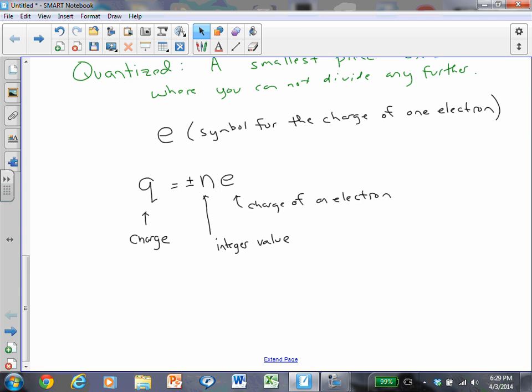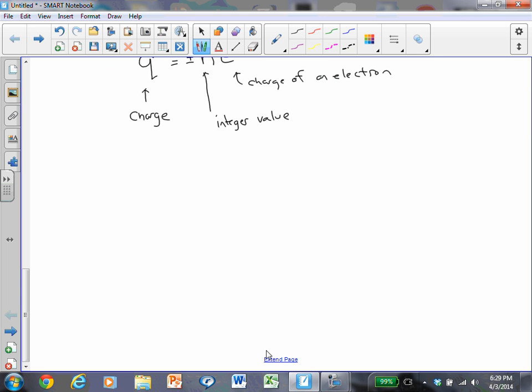And then the second rule, charge is conserved. Well, you're familiar with this because we've been conserving things in this class a lot.